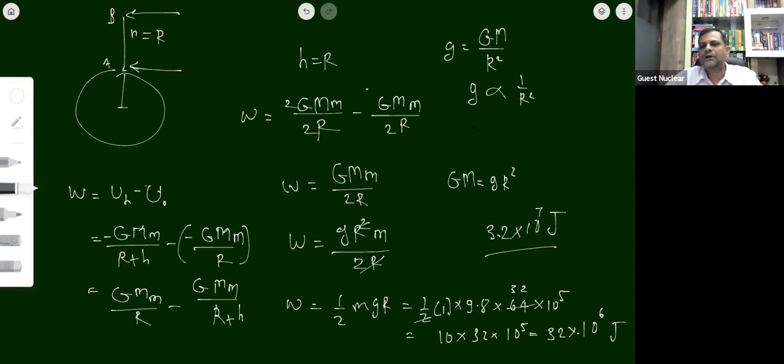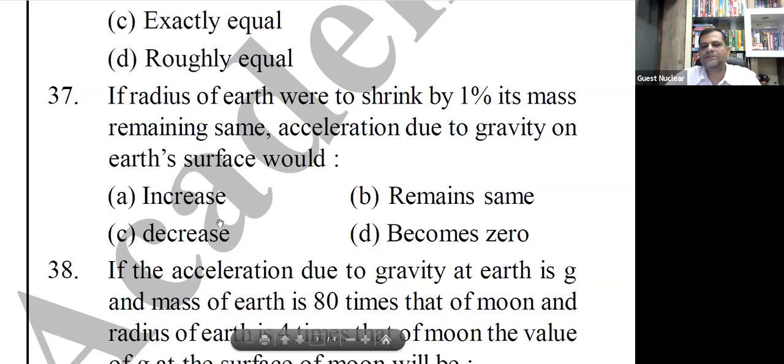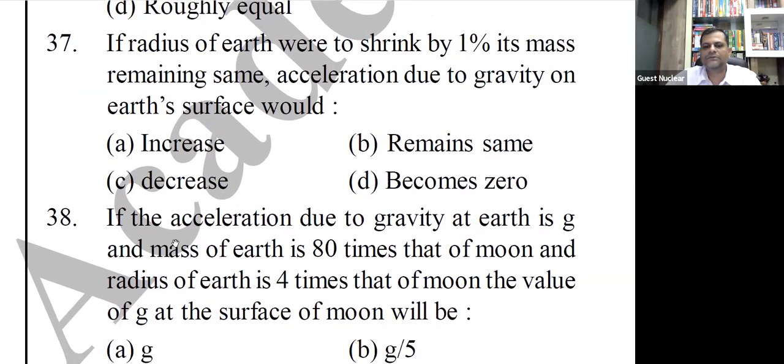If r is increased by 1%, then g will decrease by 2%. Decrease, yes, decrease by 2%. We got to know that too. But they have only asked whether it decreases or increases, so it will decrease obviously, no doubt.